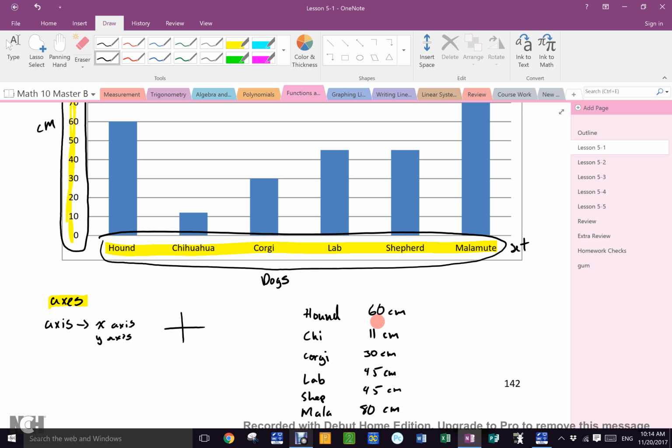Malamute. What dog's 45 centimeters tall? But I'm only asking you about one dog. Which dog is 45 centimeters tall? You cannot tell me. Do you understand? That makes this a special kind of relationship. But the point, all I need you to take away from this is that they are indeed related. Is everybody cool? Right? Okay.